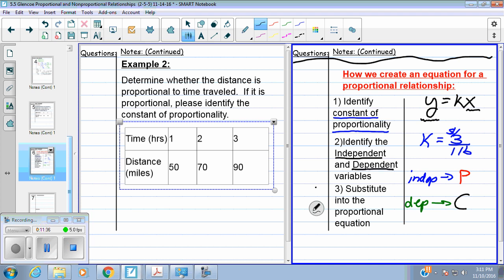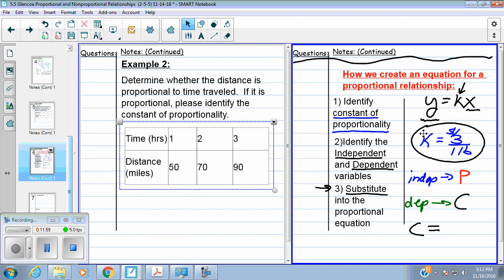We're on step 3. All we have to do now is substitute into that equation y equals kx. So instead of a y, the dependent variable in this problem is the letter C. We write an equal sign. The K, or constant of proportionality, is $3 per pound. So instead of writing a K, we're going to write the number 3.